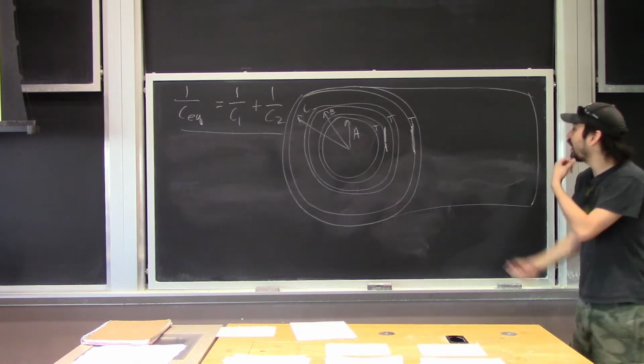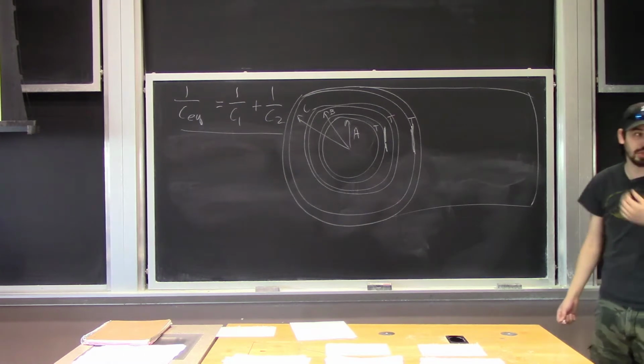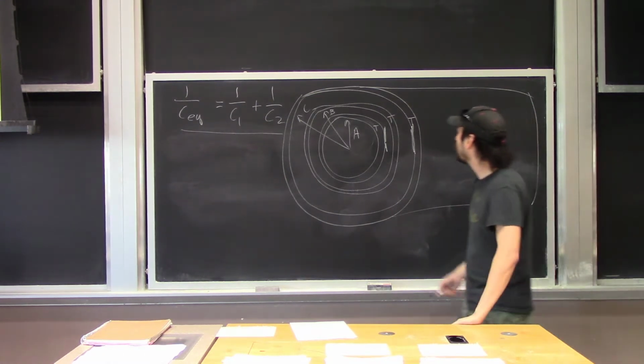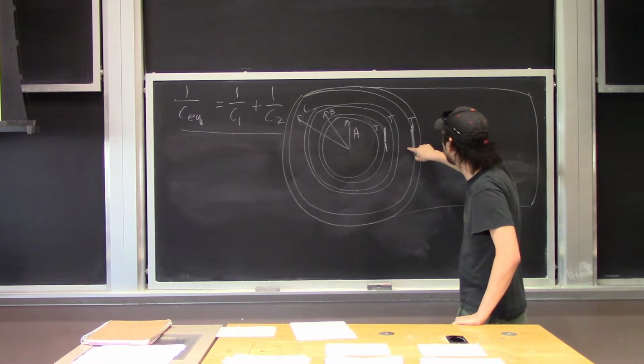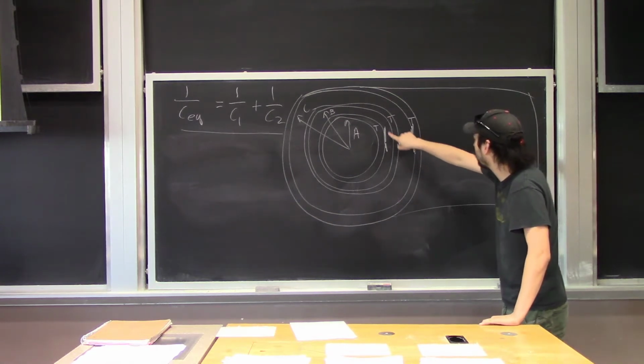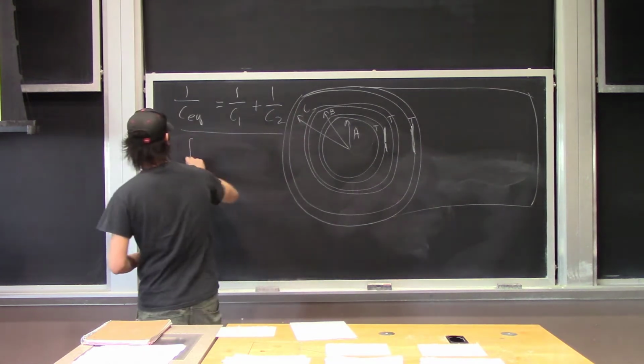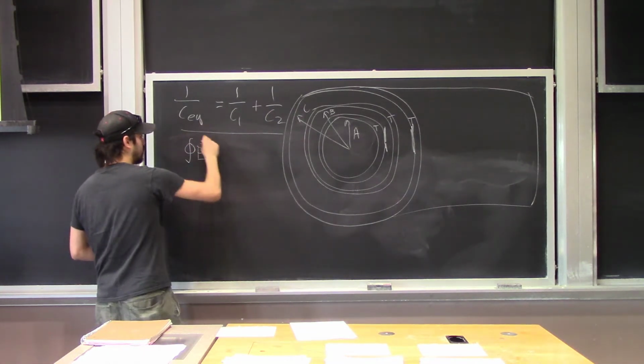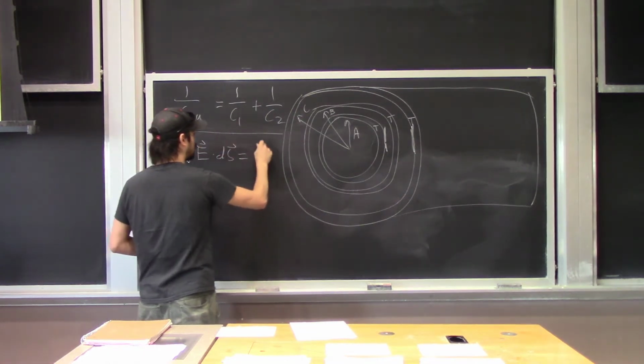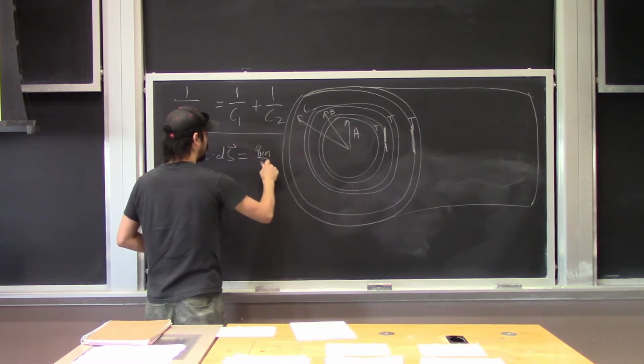In order to do that, we need to apply Gauss's law to find what the electric field is in the three regions that we're looking at over this interval. We can start by writing down Gauss's law: the integral of E dot dS is equal to Q_in divided by epsilon naught.